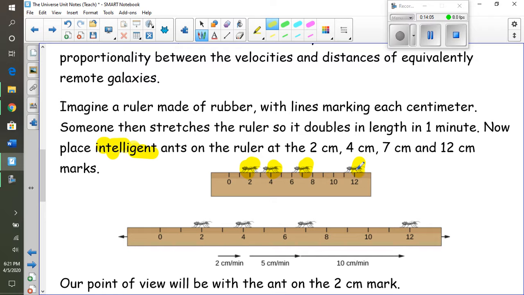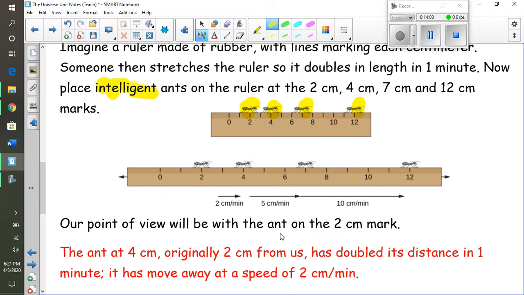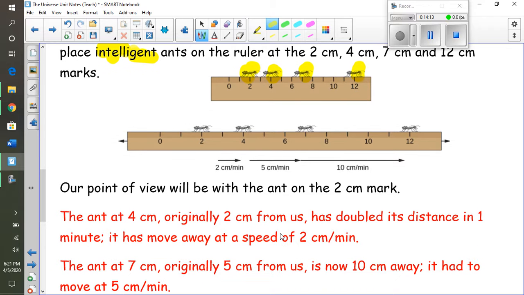And then we begin stretching this ruler. And let's say we are on the 2 centimeter mark. So the ant that was at the 4 centimeter mark was originally 2 centimeters from us. That has doubled its distance in 1 minute. So that means it has moved away at a speed of 2 centimeters per minute.